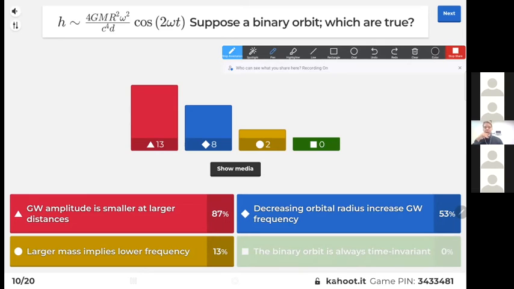Okay, would anyone like to volunteer to explain why they think the binary orbit is not time invariant?